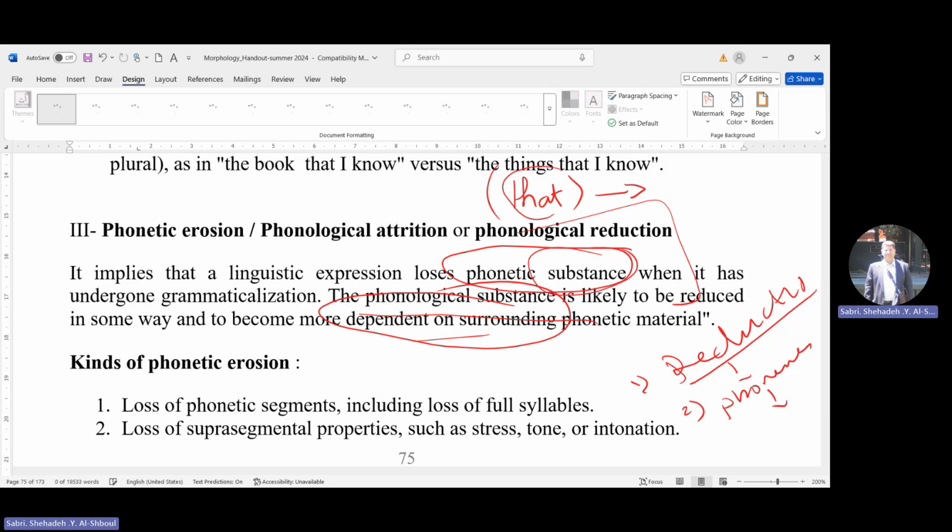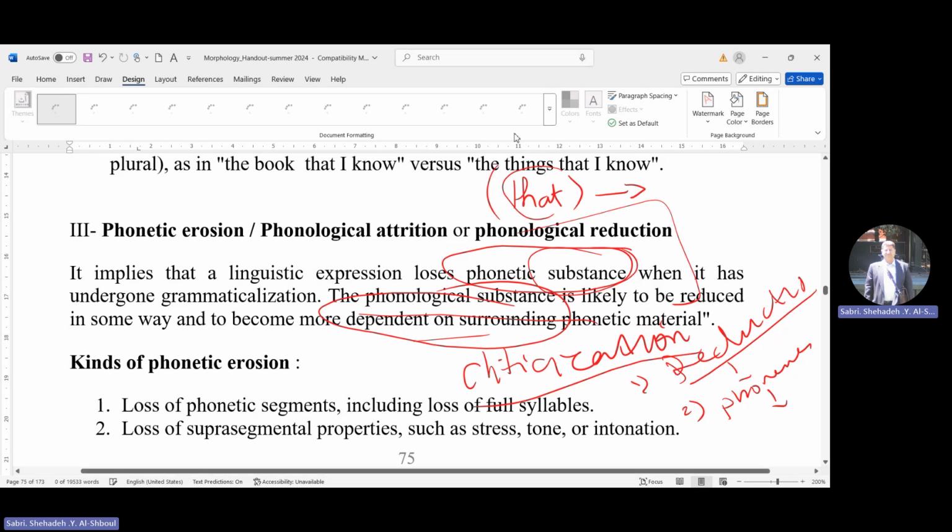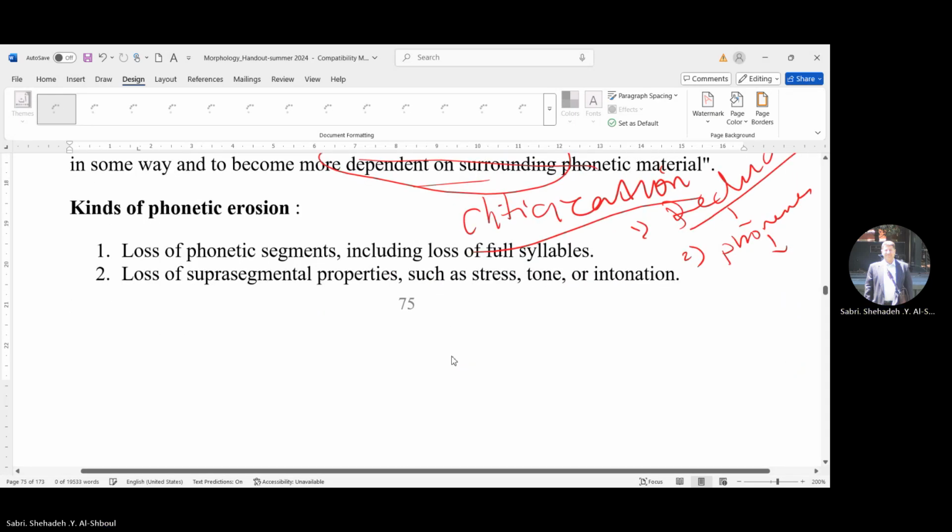So it cannot stand by itself. It should attach to other phonemes as a part of abbreviation, or the so-called cliticization in the language. And cliticization is a well-known phenomenon observed in languages like Arabic.